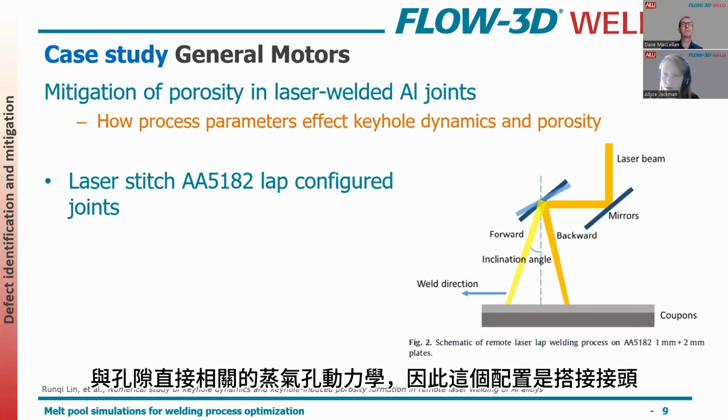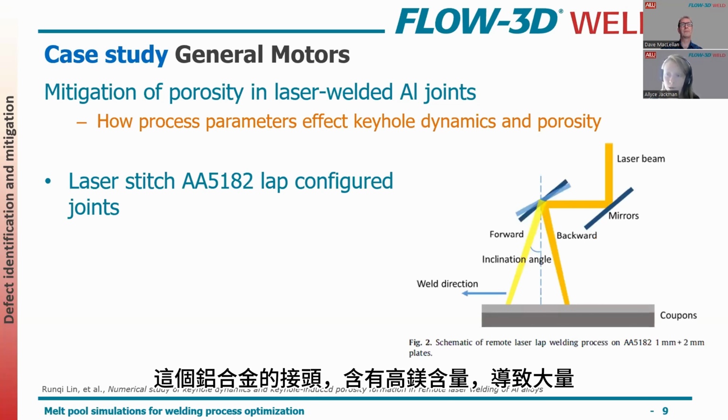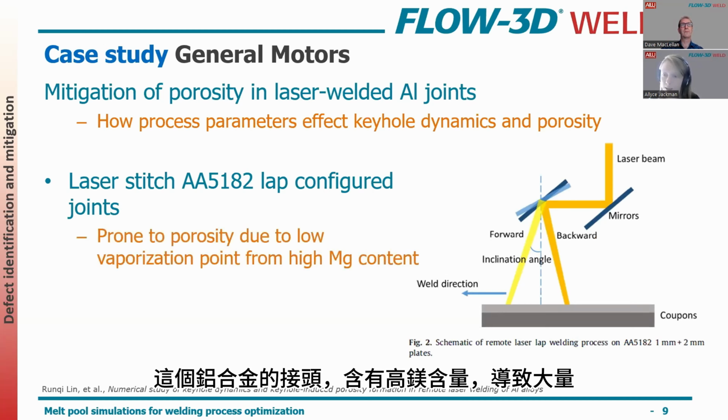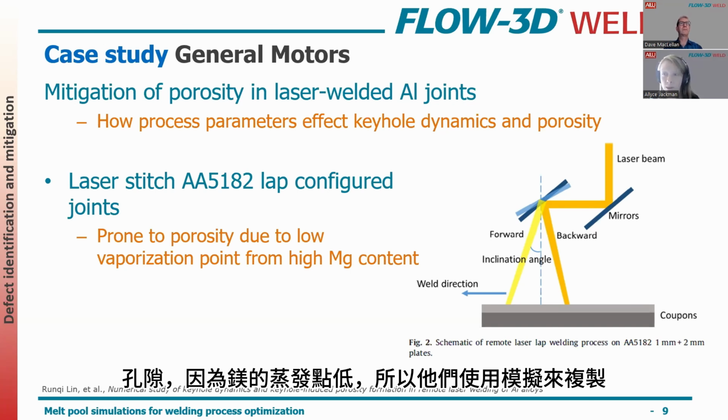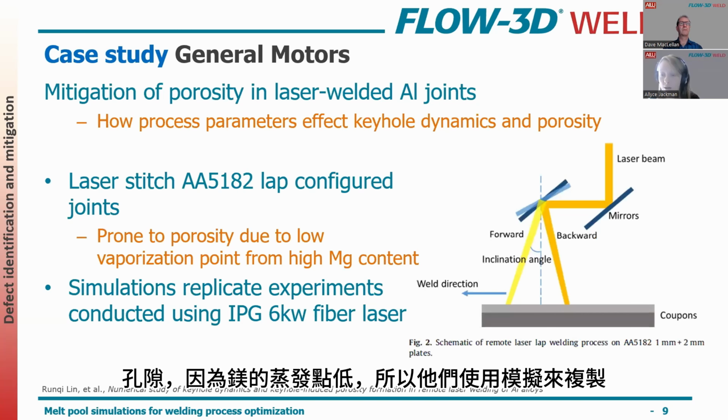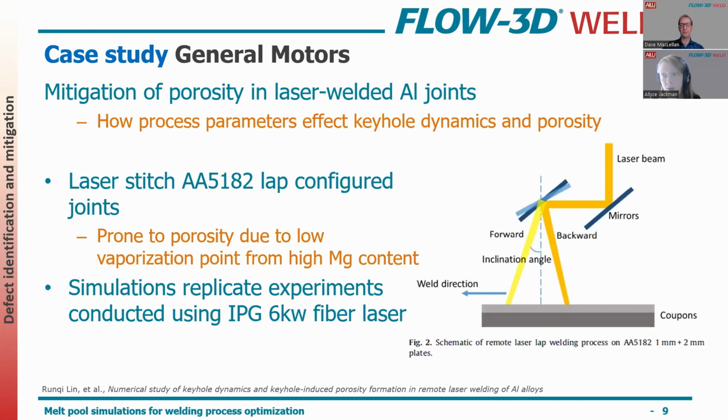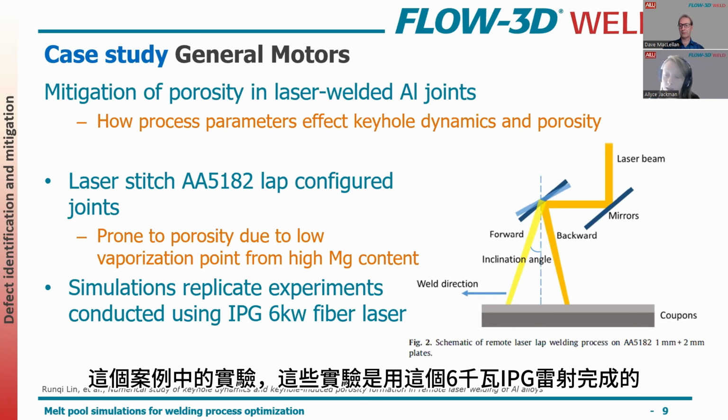So this configuration was a lap joint of this aluminum alloy here that had a high magnesium content, which was leading to a lot of porosity because of the low vaporization point of magnesium. So they used simulations to replicate the experiments, in this case, which were done with the 6 kilowatt IPG laser.